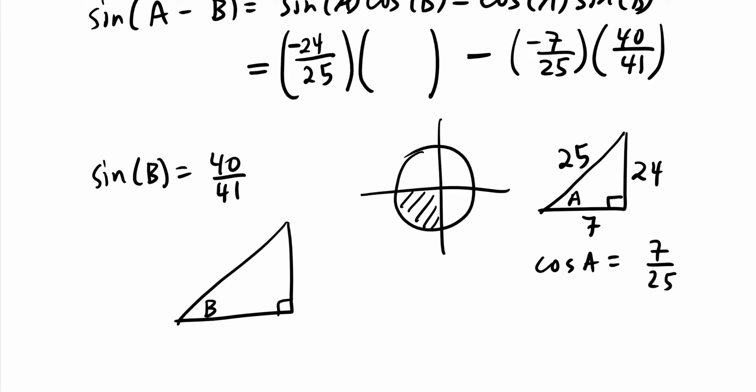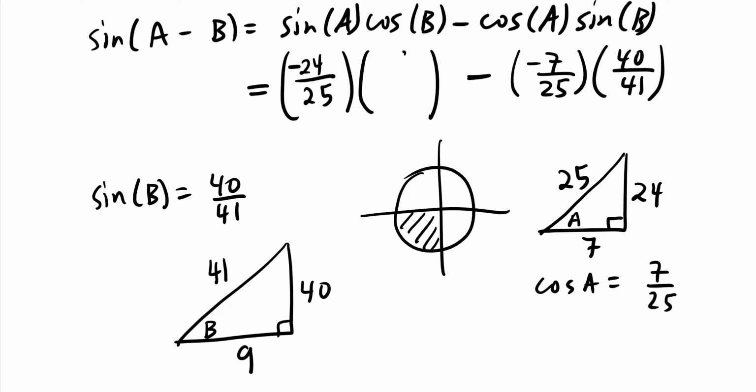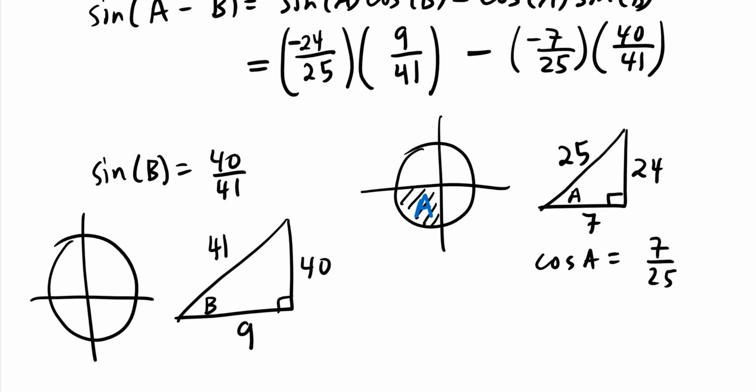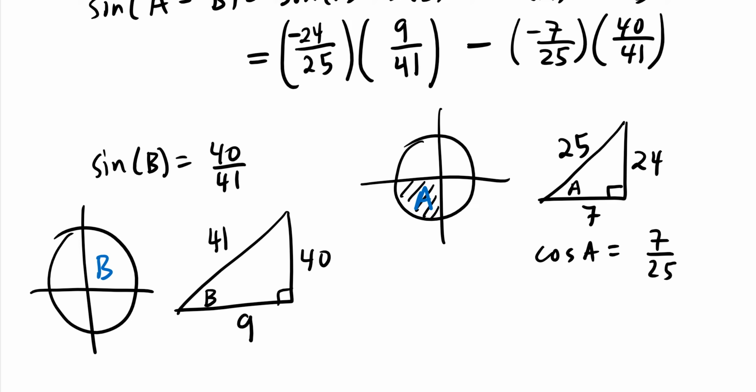And remember, sine is the opposite over the hypotenuse. Again, we have another Pythagorean triple, which is 9, 40, 41. From here you can find cosine B, which is the adjacent over the hypotenuse. B is in quadrant 1, so in quadrant 1 everything is positive.